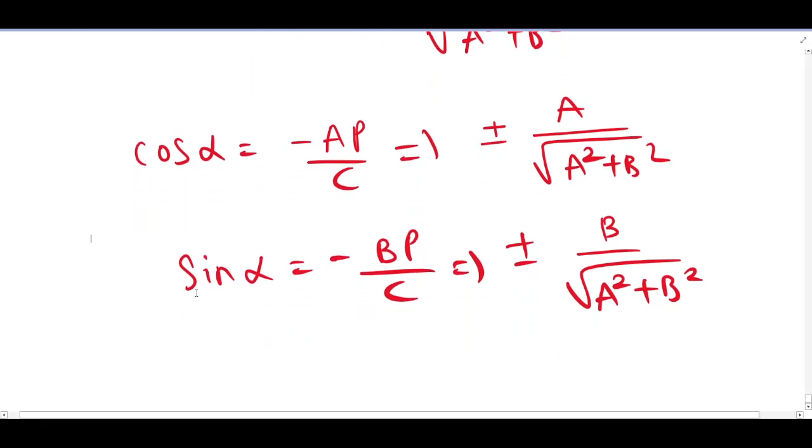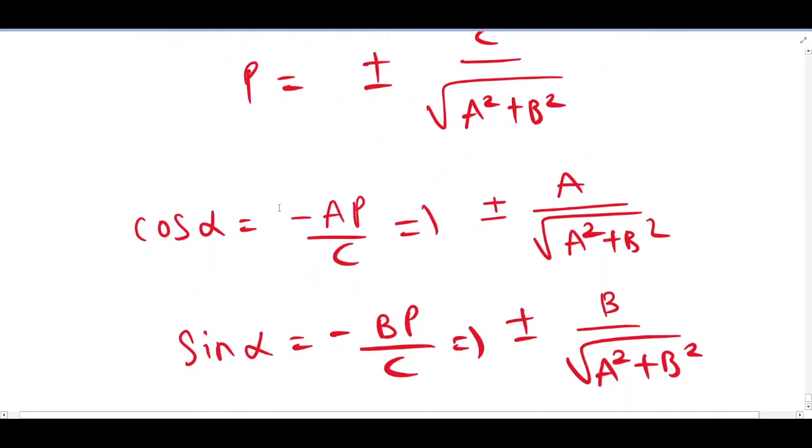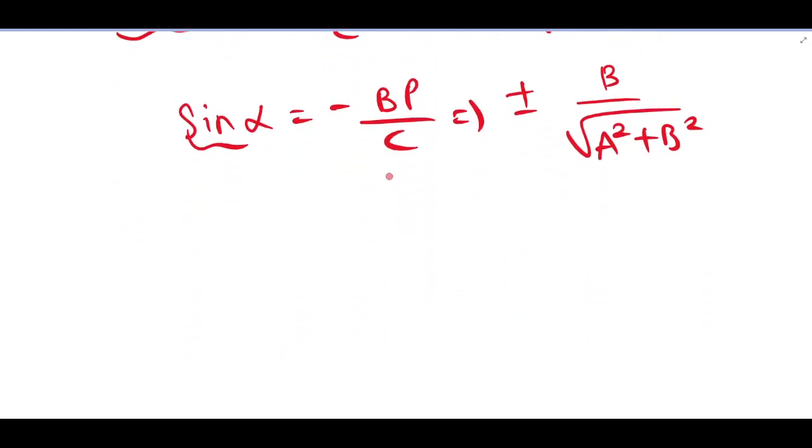So this is p and cos alpha in terms of a, b and c.